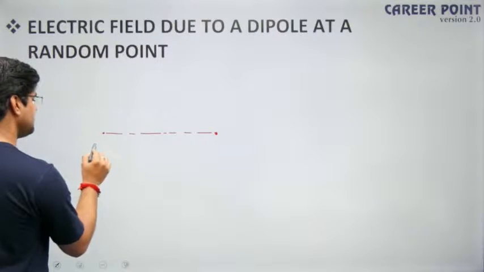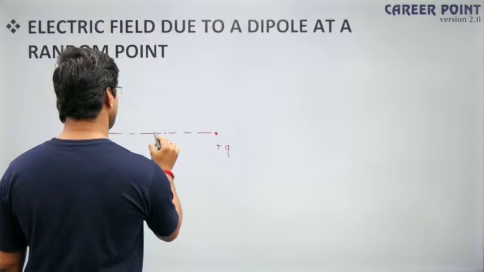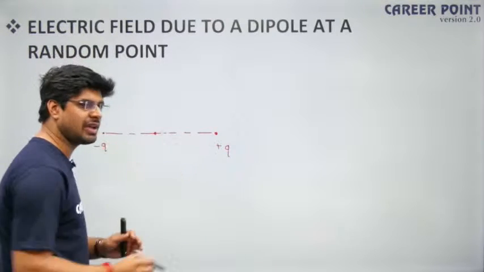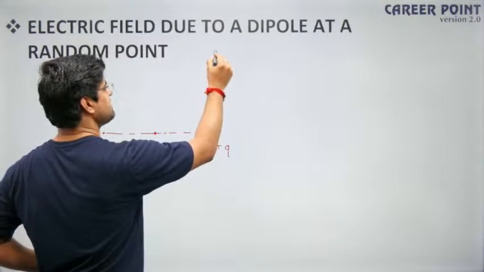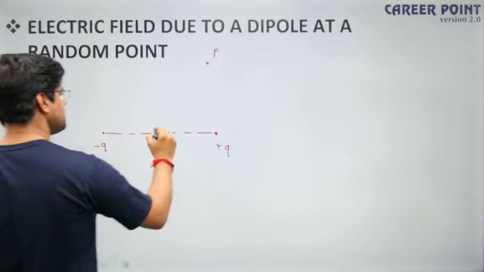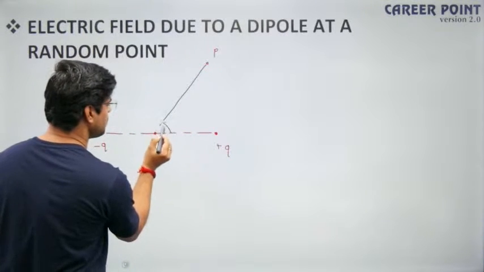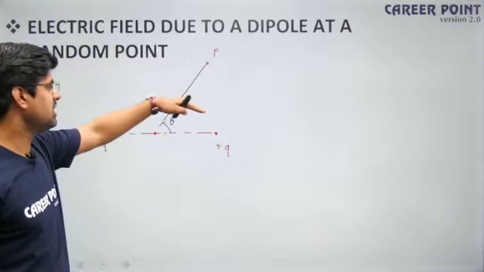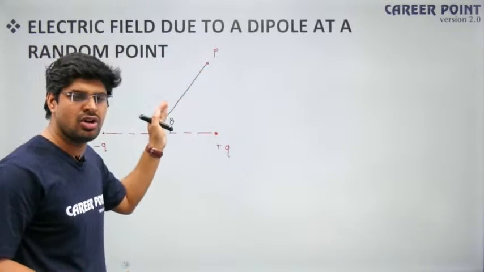For example, let's say this is minus q, this is plus q. This time I wish to find electric field due to this dipole at a random point P. Let's say I am taking point P here, such that if I join this point P from the middle of the dipole, it is making angle theta with the horizontal.